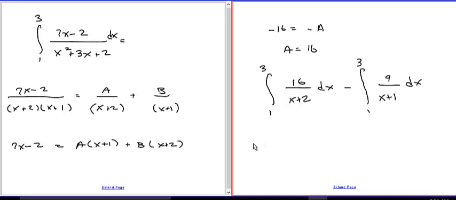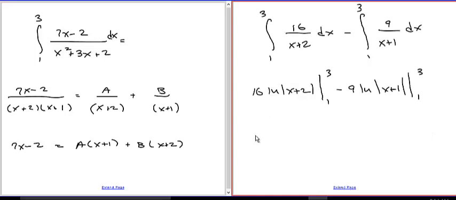So when you integrate this, you'll get 16 times the natural log of the absolute value of x plus 2 evaluated between 1 and 3. And then you get -9 times the natural log of the absolute value of x plus 1 evaluated between 1 and 3. There's no arbitrary constant c, so don't put it there.